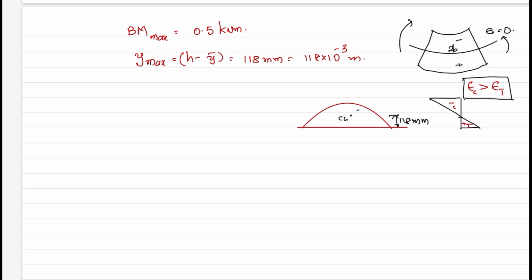Once you get the value of the center of gravity, because this height is 182 mm and this height is 118 mm, hence the tensile strain is less in this example, compressive strain is more, and compressive strain is greater than tensile strain.